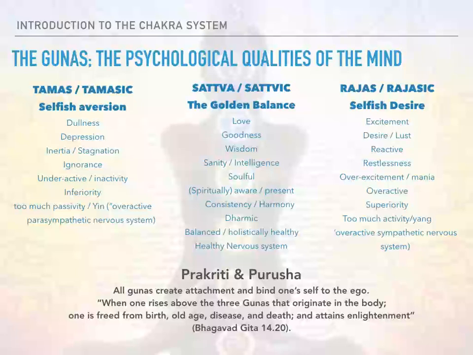So also in the notes, you will find some sheets that dive into the individual chakras that are divided into these three gunas. The first one, the underactive, is tamasic. That is when there is inactivity. It is often when the chakra is showing its negative aspects, and that's where we have to work.